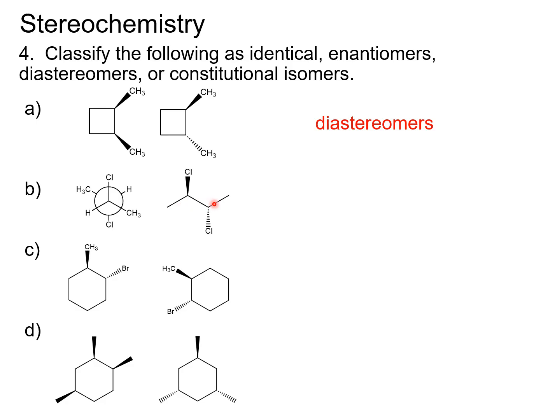One methyl group's down, one methyl group's up. So without assigning R and S, without redrawing, I can see the relationship for each of these is the same as they are in this one. That means these are identical. All I'm doing is saying which bonds are opposite each other in this structure, which bonds are opposite each other in this structure.